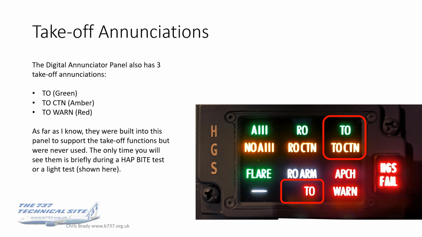Takeoff annunciations, it has 3 of them. Takeoff in green, takeoff caution in amber, and takeoff warning in red. Now, as far as I know, they were built into this panel to support these takeoff functions, but were never used. They do show up on a light test, but I stand to be corrected, but I don't think those features were ever used.